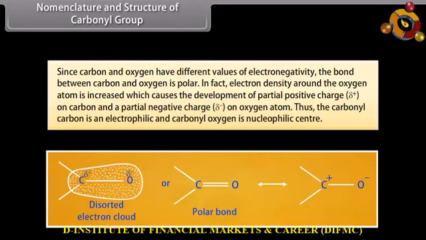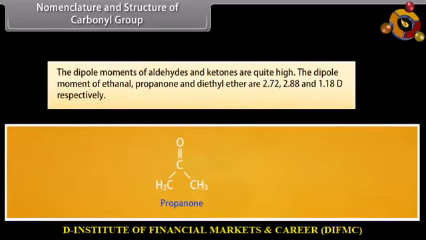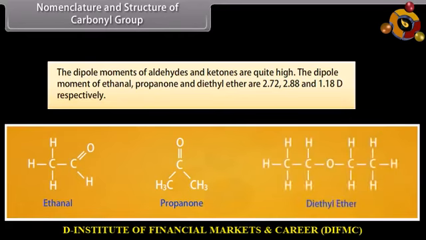Thus, the carbonyl carbon is an electrophilic and carbonyl oxygen is a nucleophilic center. The dipole moments of aldehydes and ketones are quite high. The dipole moments of ethanal, propanone, and diethyl ether are 2.72, 2.88, and 1.18 debye respectively.